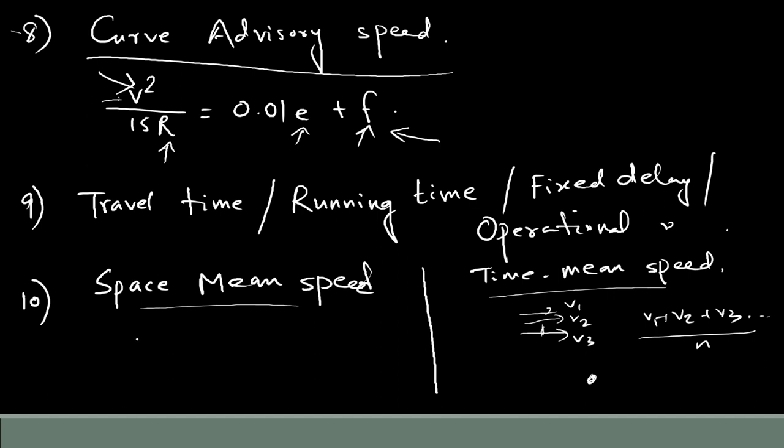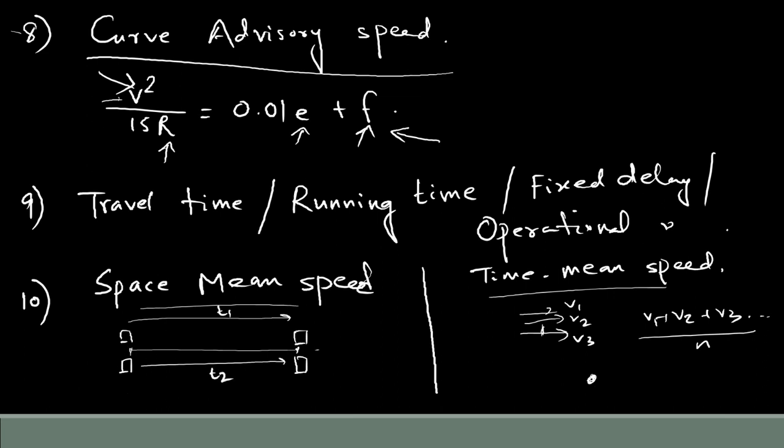But for the space mean speed, let's say this is the entire road length, and a vehicle covers it in time t1, another vehicle covers it in time t2. The distance d is constant.